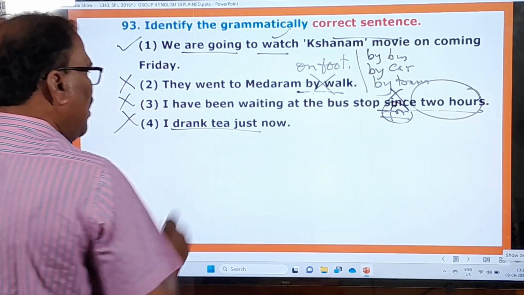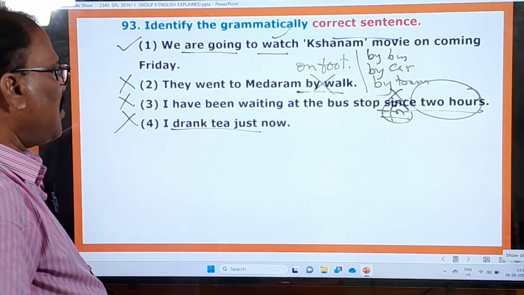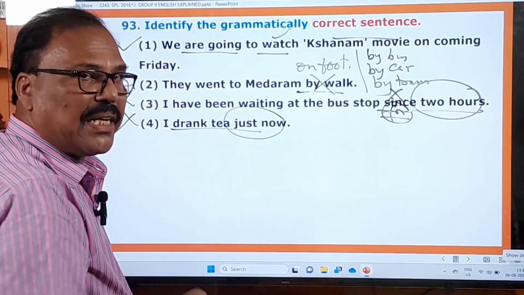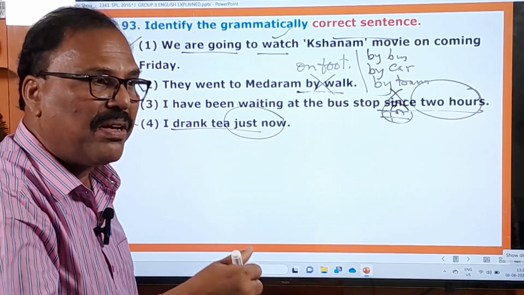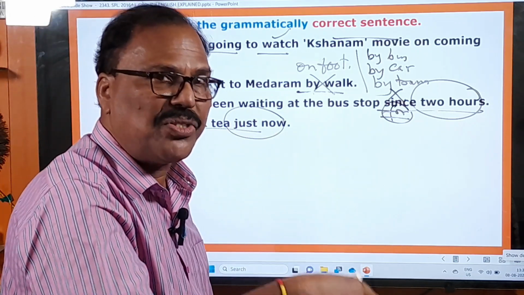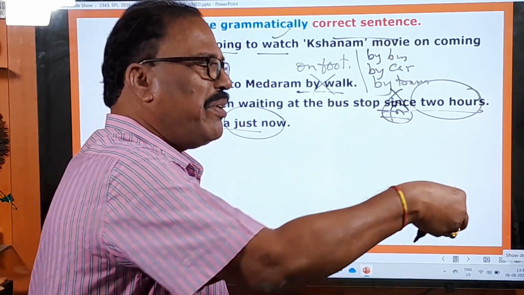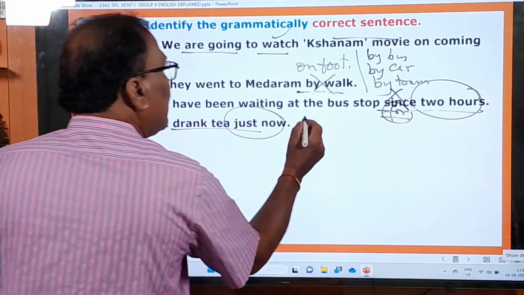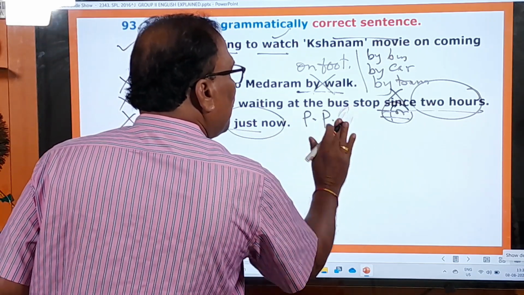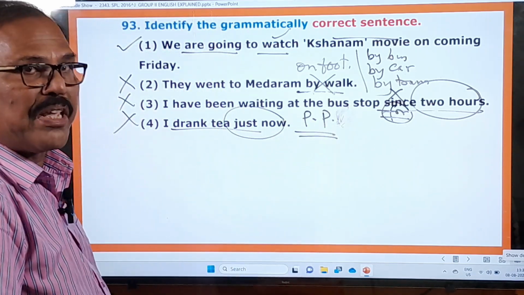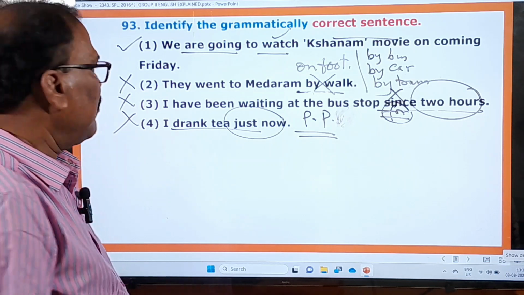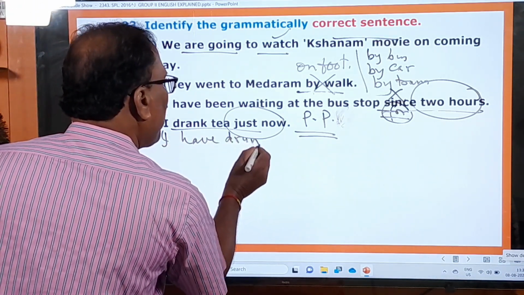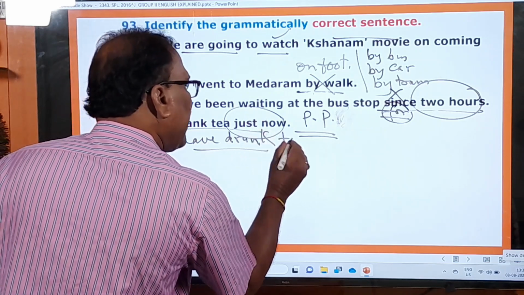And now you go to the fourth one. I drank tea just now. See here, this clue is there: just now. The action has taken place just now. Whenever an action takes place just now, that means a few minutes or a little time ago, then you must indicate that action in the present perfect tense. That's why you should have said, I have drunk tea just now.